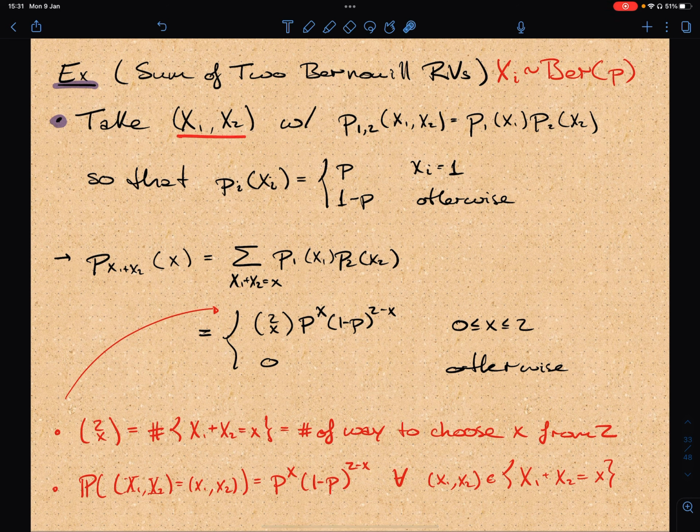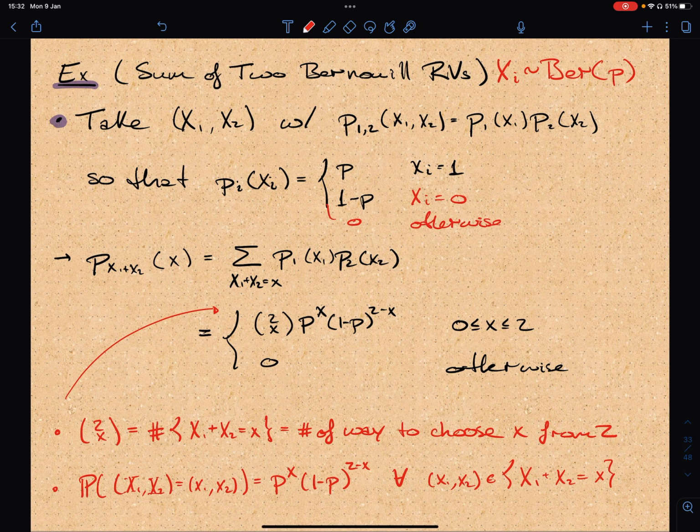So we have x1 and x2, and we define the joint probability distribution to be the product of these probability distributions. And here pi is just the Bernoulli distribution, as noted here, which is going to be p when xi is equal to 1, and 1 minus p when xi is equal to 0, and 0 otherwise.